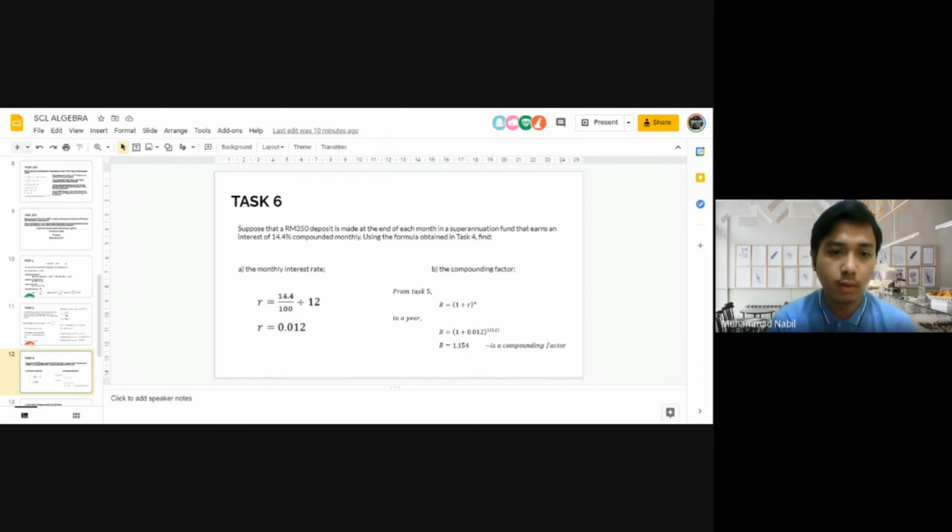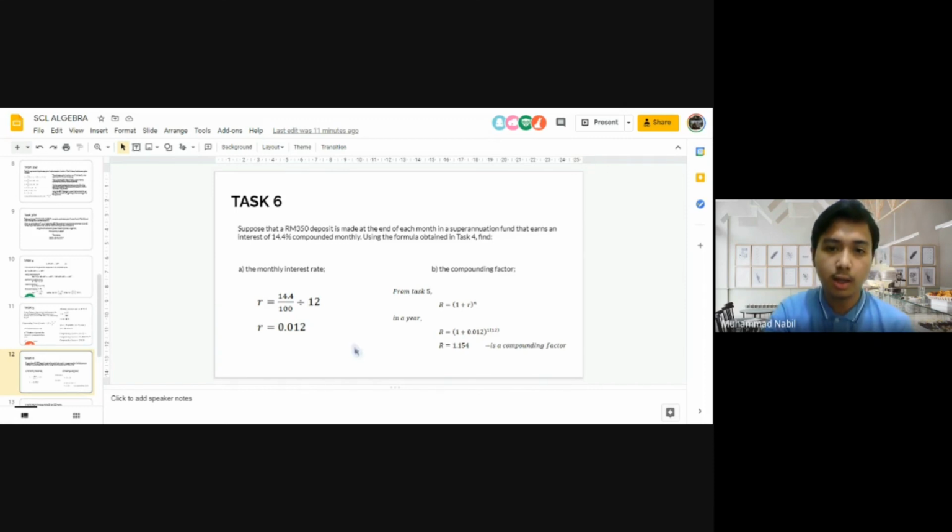So we have to find the value of R, which is 40.4 divided by 100 because it's a percentage, and we have to divide by 12 because 40.4 is annual, so we have to find the monthly. We get R equals 0.012.